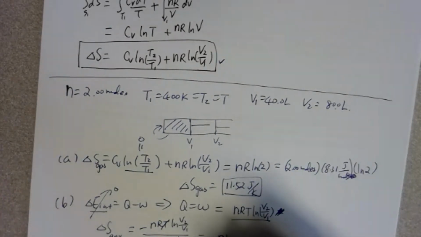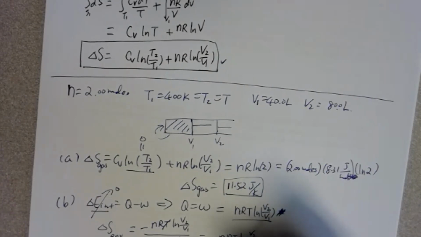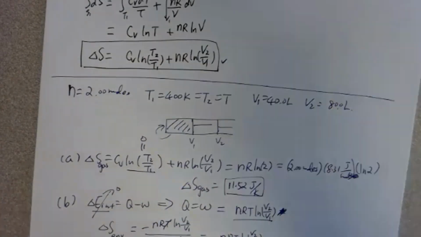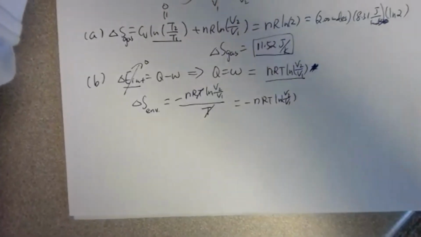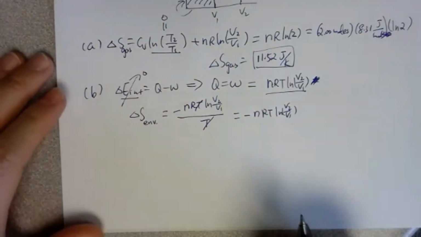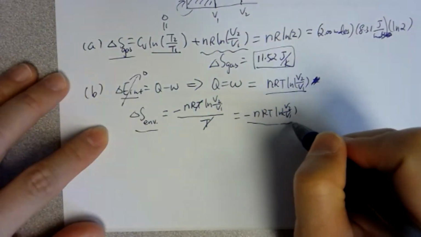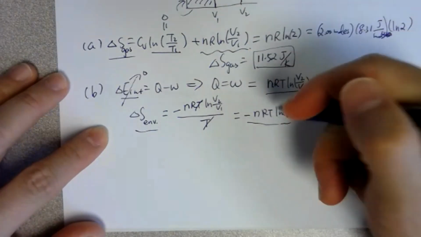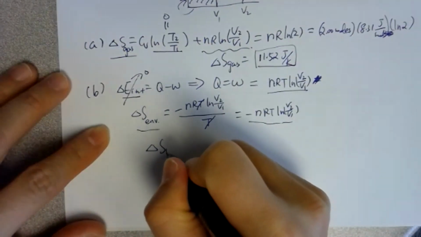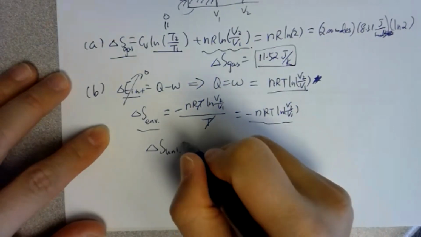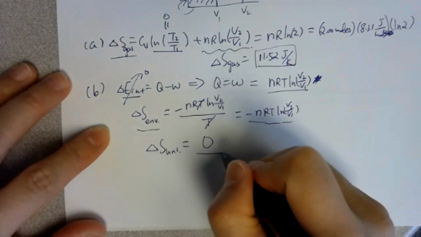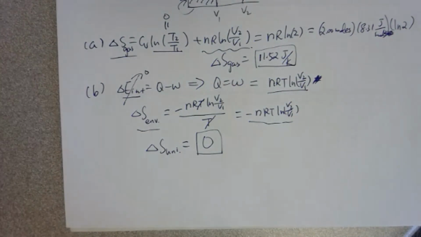So this is minus nR ln of V2 over V1. Looking at the gas, it is equal to that same quantity, while the environment is negative. Comparing the two, the total entropy change of the universe is equal to 0, because this is a quasi-static isothermal process. So it's a reversible process, and the system plus the surroundings is equal to 0.